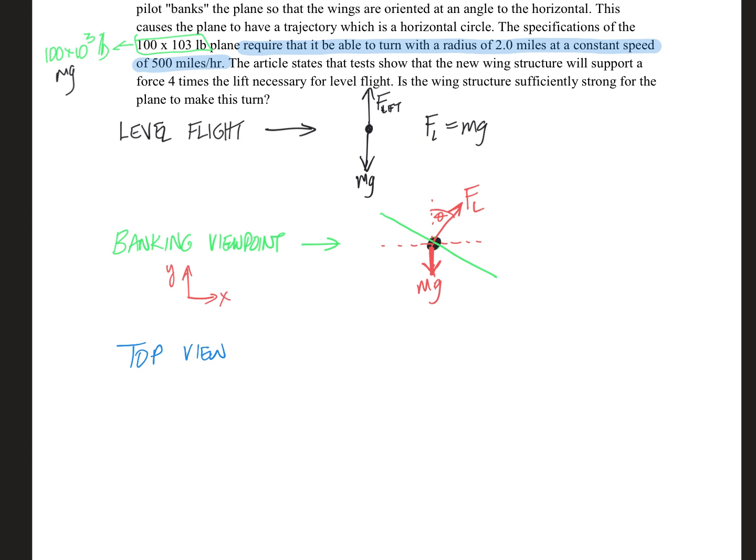So here's the plane again as a dot, and here's this 2 mile radius, and this is a perfect circle, by the way. At 2 miles out, it's going to be going at a linear speed.